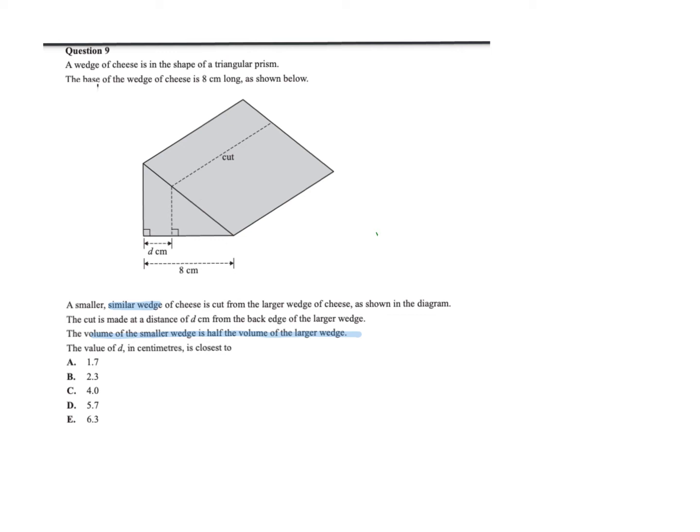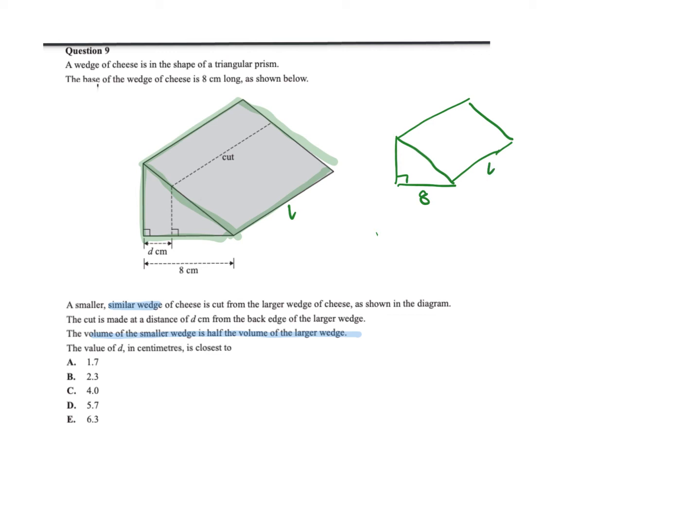So what we have to do is find our similar figures, and we need to be a little bit careful in this one. So I'm going to say we've got our original wedge of cheese here, and I'll draw it up like that, and this would have its length. So if I redrew that, we've got this big wedge of cheese along here, and we know that's 8, and it's a right angle, and that's the length.